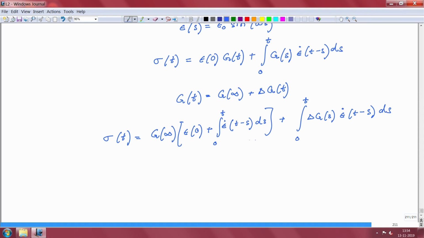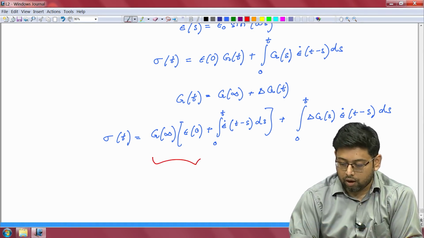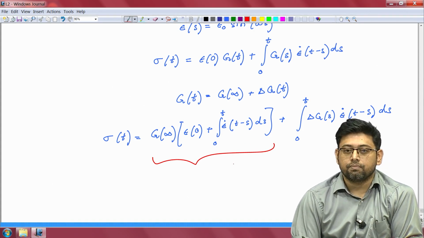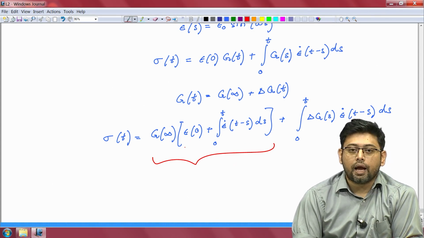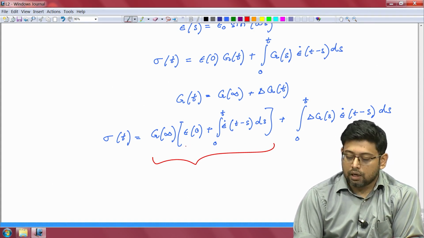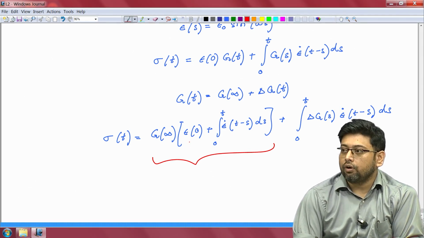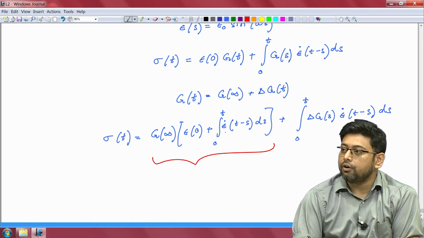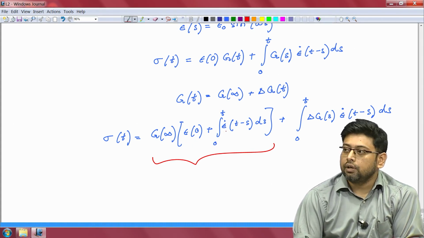So, this is where we had stopped last time. Now, the first part of the right hand side simplifies. Carefully look at the terms inside the bracket. We have an epsilon 0 which for this case is 0, and we have an integral from 0 to t of epsilon dot. So, the integral of epsilon dot is going to be the function epsilon itself.